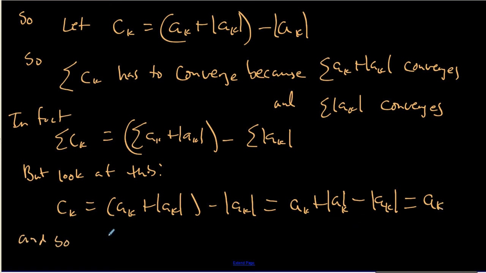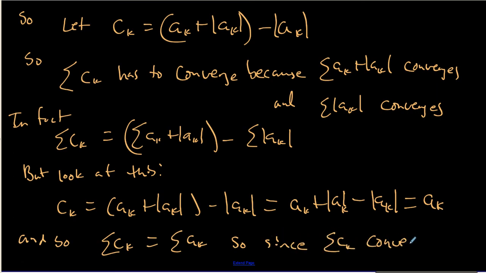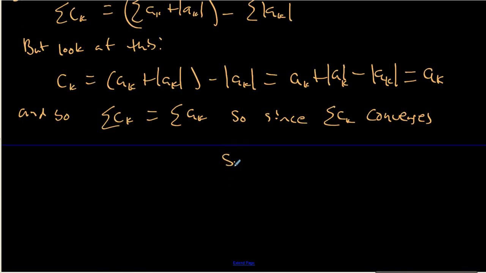And so the series of CKs is exactly the series of AKs. So since we already know the series of CKs converges, that means we must have the series of AKs converges.